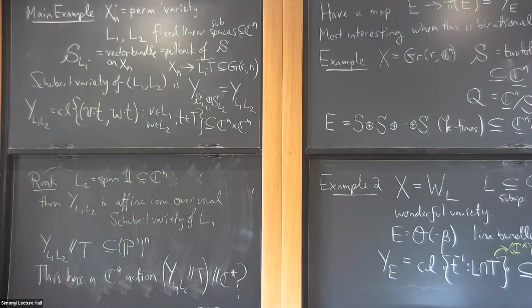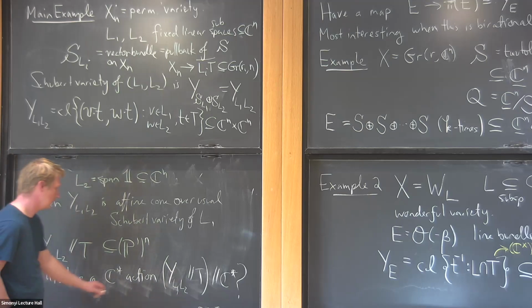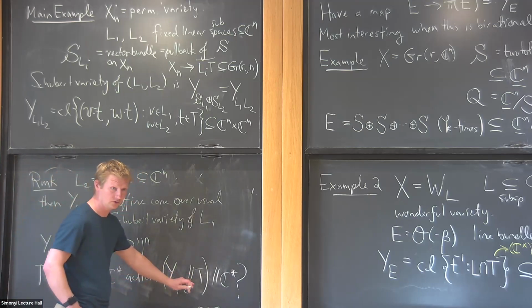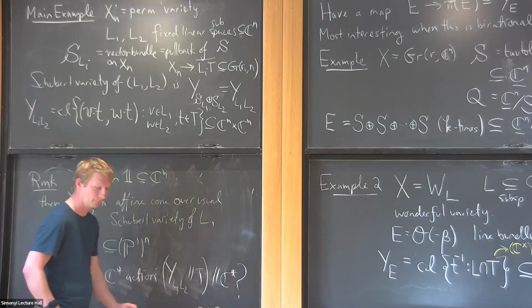But it should come about by tropicalizing the quotient of the two linear spaces. Okay, this variety? Yes. So the question is, what is this variety? It's not a fan in particular.